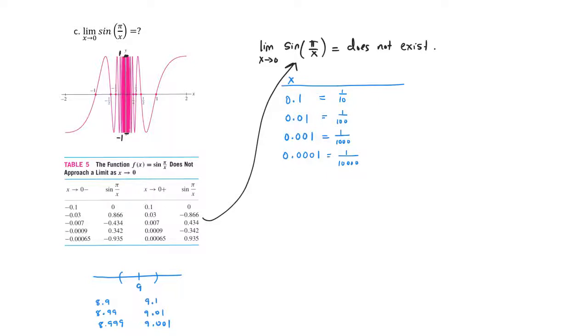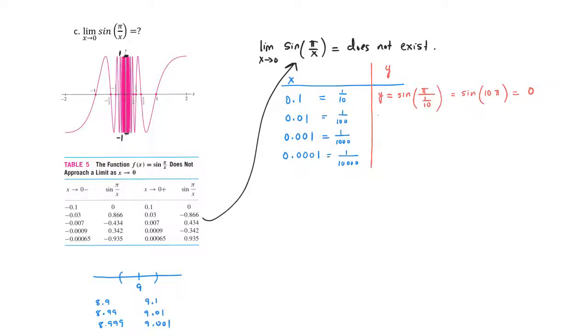So something like this. Now, what would the y values be? So this is now y. So y would be, for this one here, sine of pi divided by 1 over 10. That will give me sine of 10 pi, and this will give you 0.